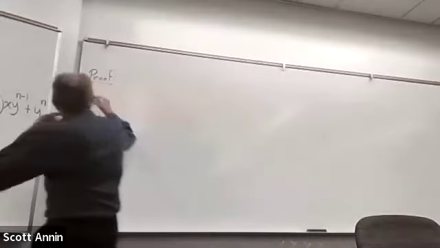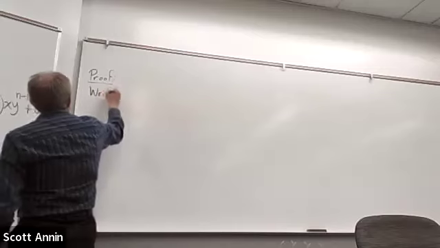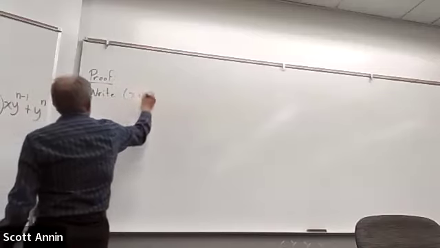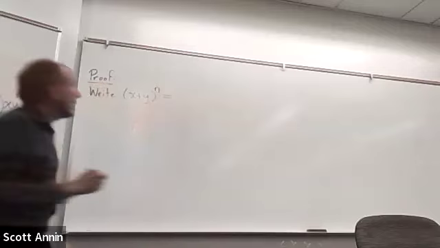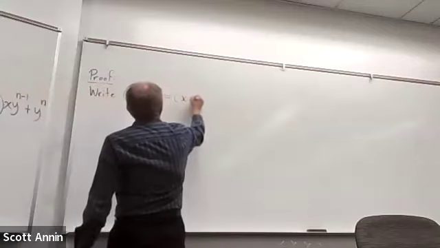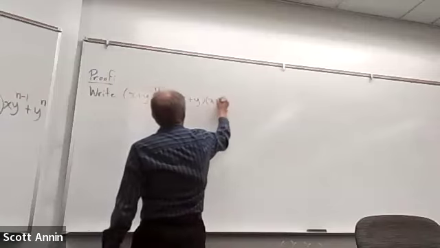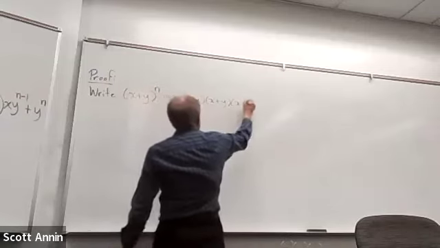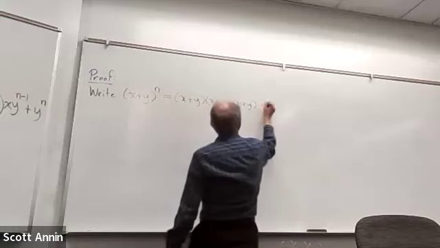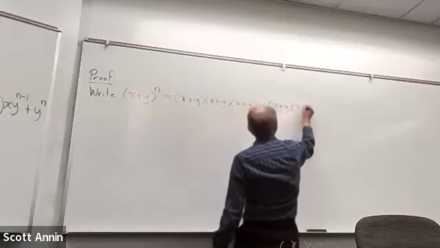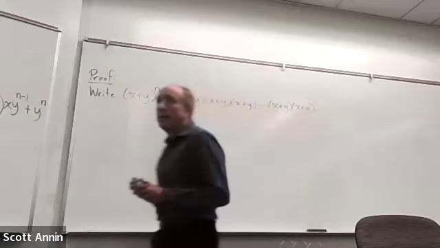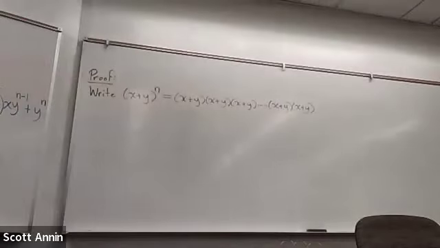So the way I would think about this proof is that we can imagine taking (x plus y) to the n and writing it out longhand: x plus y times x plus y times x plus y, dot, dot, dot, x plus y and x plus y. So there's going to be n factors of the quantity x plus y all the way across there.